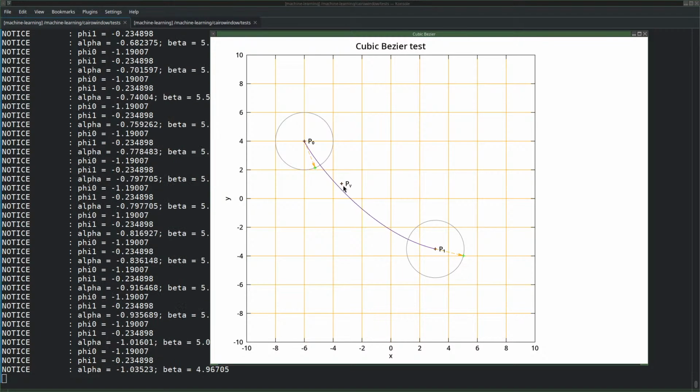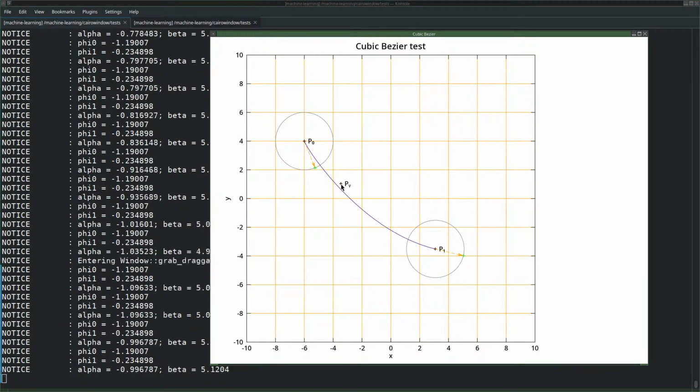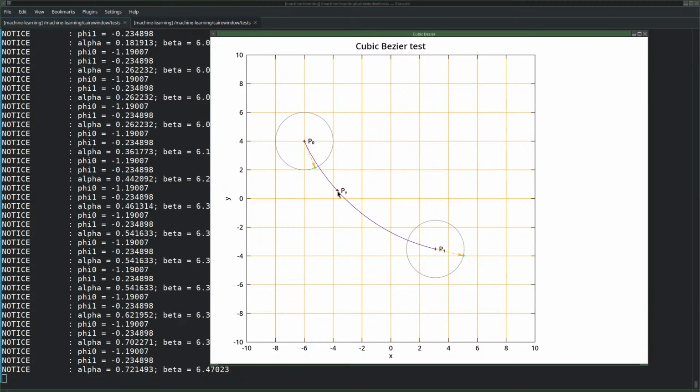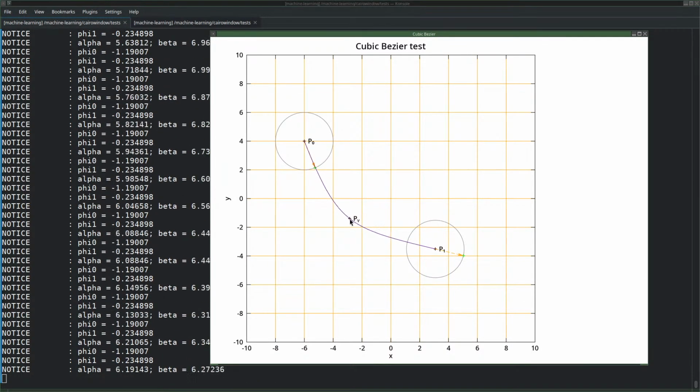So P gamma becomes detached from the curve because alpha is negative. And we do this, now both are positive. That's why it is exactly on top of it. That's new. Here I get detached because beta is negative.